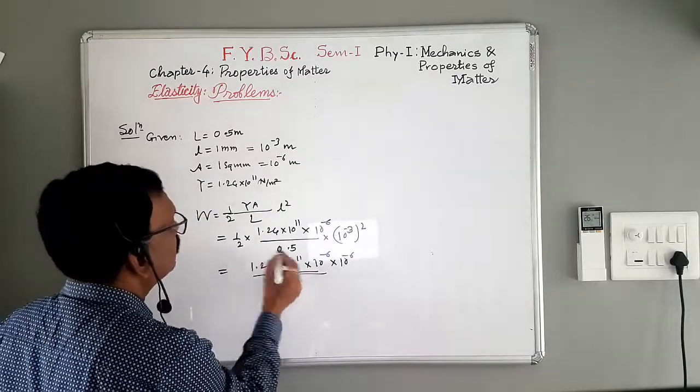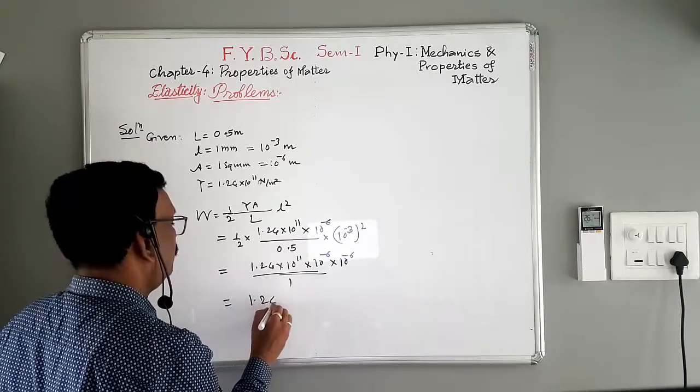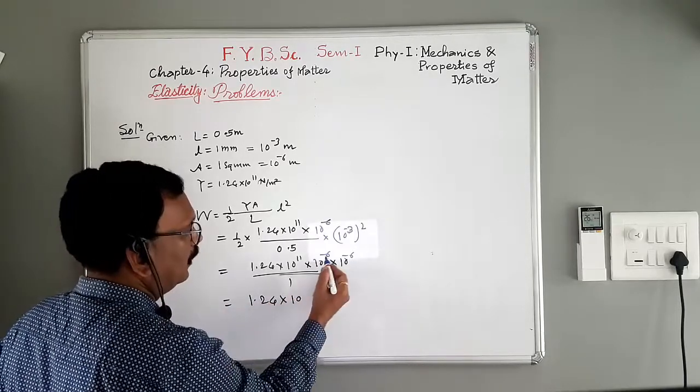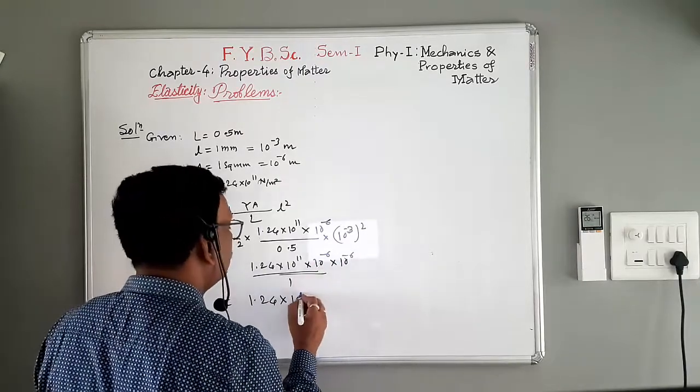Therefore, 1.24 into 10 raised to minus 6 minus 6 minus 12 plus 11, that is minus 1.